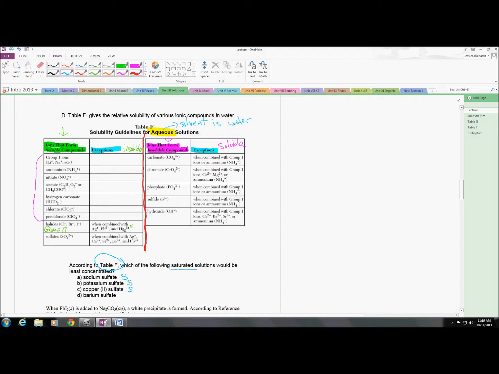And then barium sulfate. Here's sulfate again. I don't have a category for barium. Here's barium sulfate. That's an exception. It is insoluble. Sesame Street tells me that this must be the right answer then, because 3 of these things belong together and 1 of these things just doesn't. Chemistry-wise, what this means is if it's the least concentrated, that means the least amount dissolves.